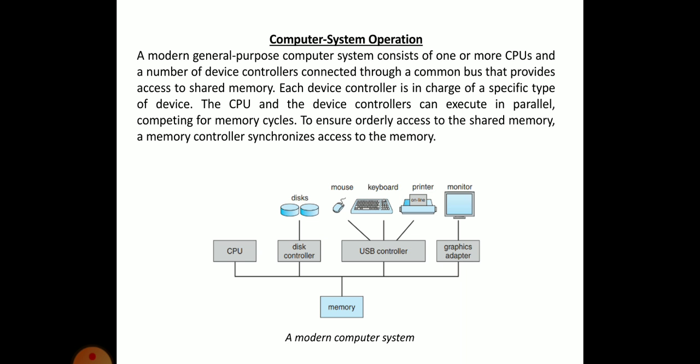Multiple processors may be executing simultaneously for mainframe systems, but for personal computers there may be a single CPU and a memory unit along with other peripheral devices, that is the input output devices, and the CPU and all the other devices will be connected using a common bus.